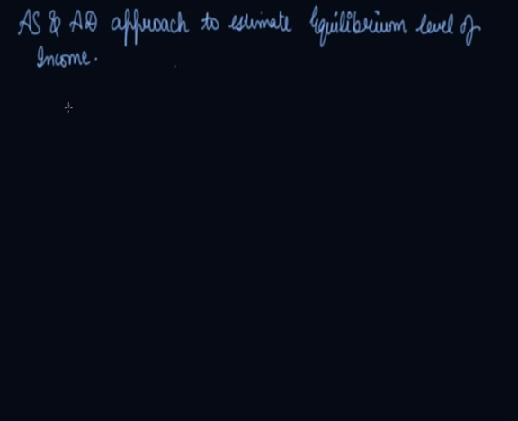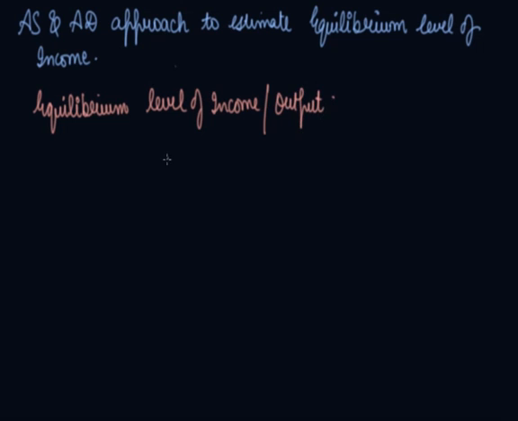Here, the equilibrium level of income and output is achieved when your aggregate supply is equal to aggregate demand.